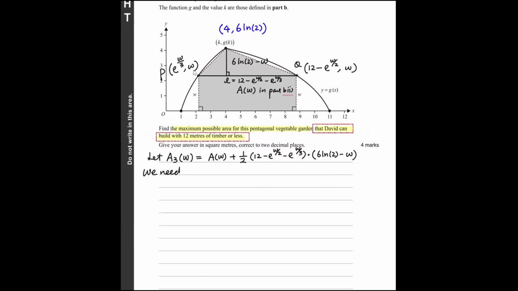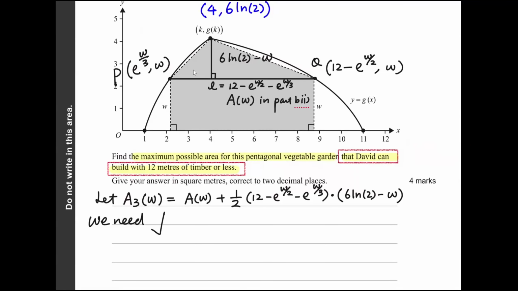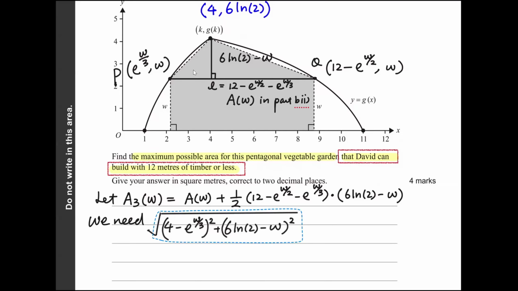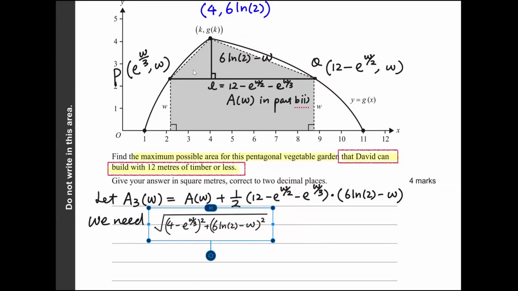We need, let's say, the square root of something. We have (4 minus e to the power W on 3) squared, plus (6 natural log 2 minus W) squared. Maybe I should write that smaller. This is just one side.